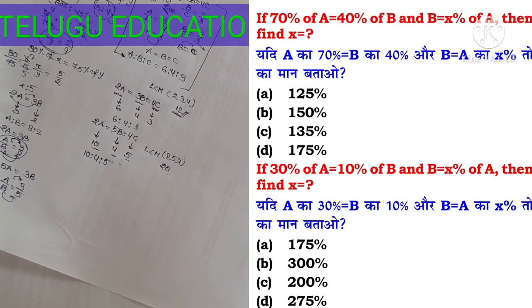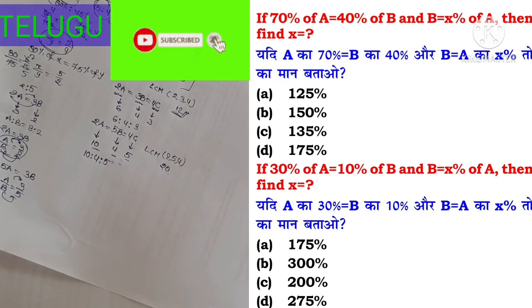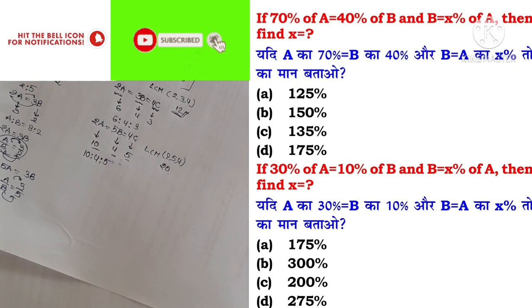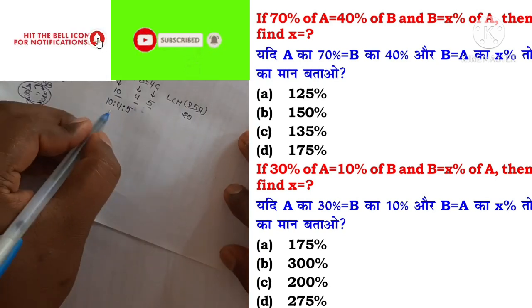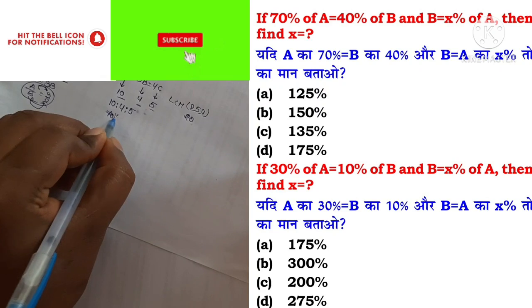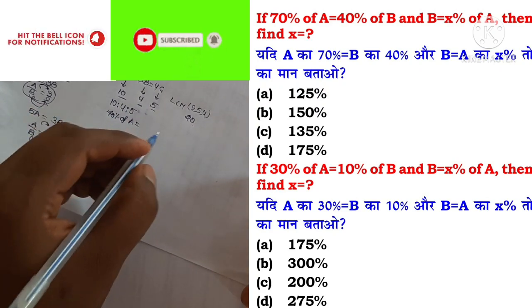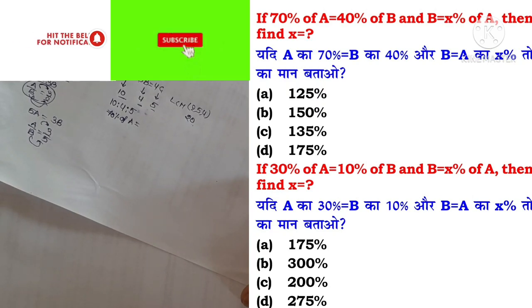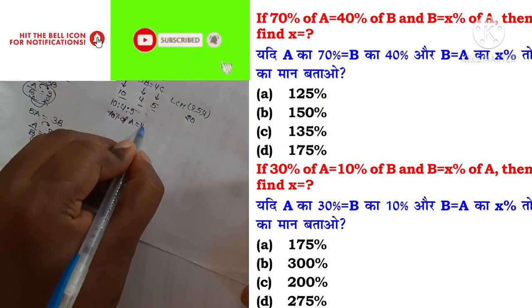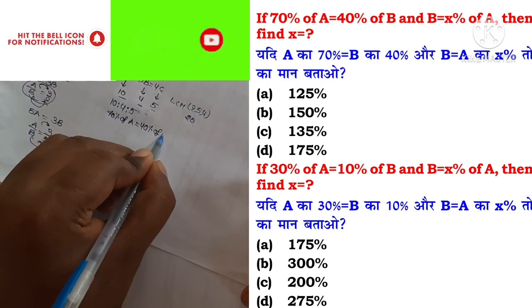So if 70% of a is equal to 40% of b and b is equal to x percentage of a, then find x. So 70% of a is equal to 40% of b.